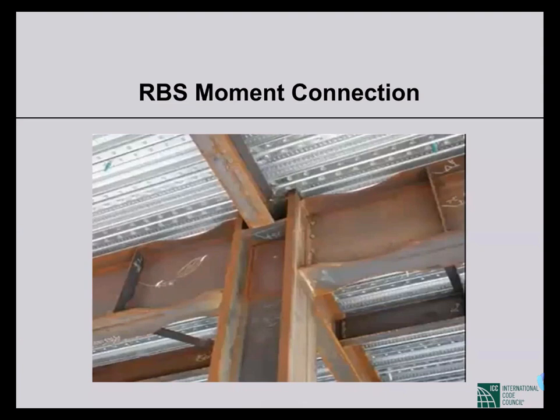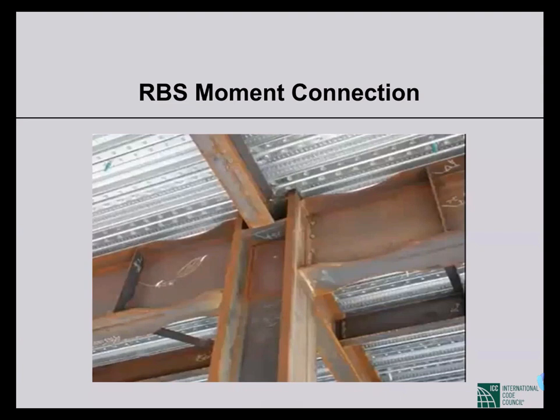The curved lines you are seeing, those are not local bucklings. Those are actually the beam sections being reduced in those places. These are the places where we want the hinge to form. So this is intentionally reduced beam section, called RBS moment connection.